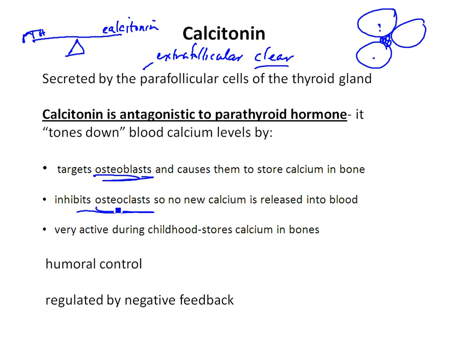Now, all of this calcitonin gets real active during childhood. Remember, when you're growing, you've got to start building bones, and you're also starting a savings account for the future for your calcium. So you put as much calcium in your bones when you're young as you can. A lot of people these days especially are not having very good diets, and they're going to be calcium poor when they get older.